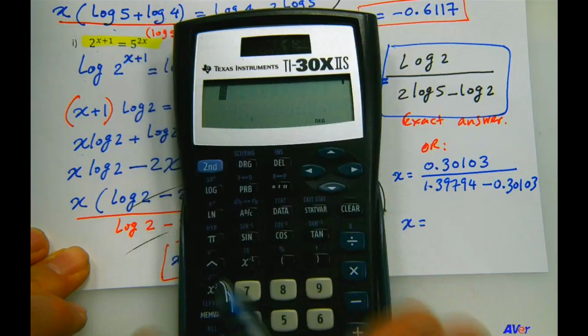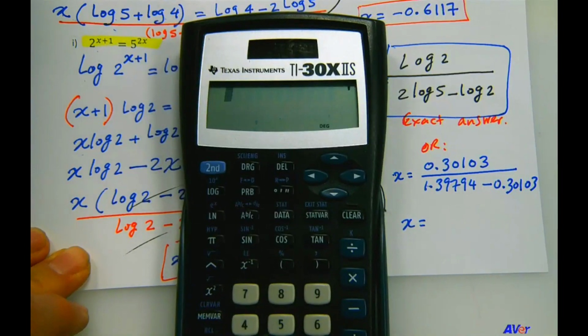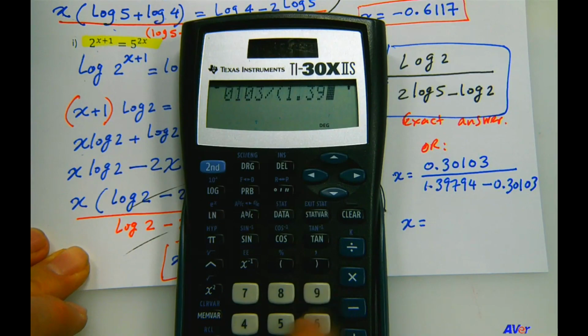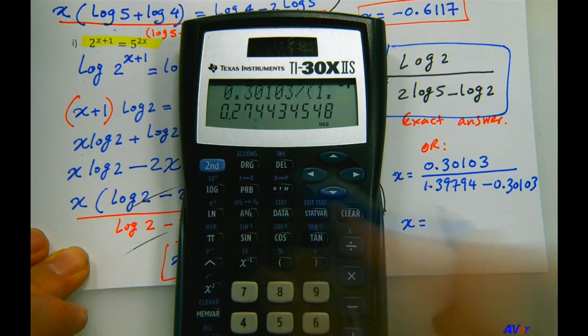So let me calculate all of that at once. 0.30103 divided by open parentheses and those two subtracted from each other, 1.39794 minus 0.30103, close parentheses, and we have that.